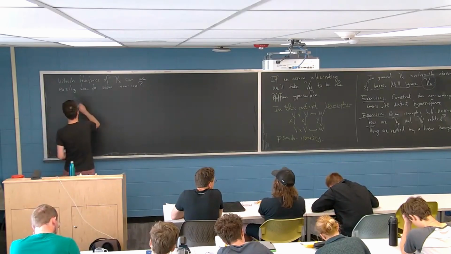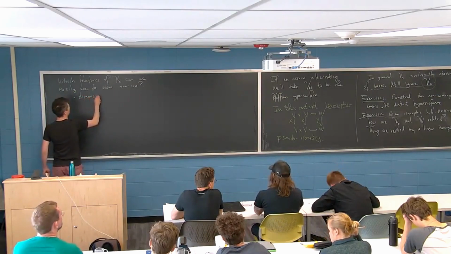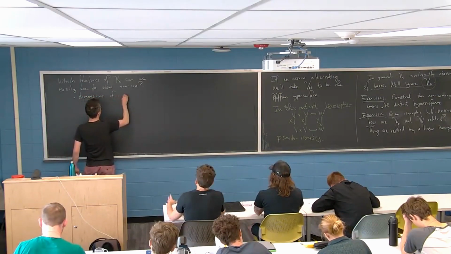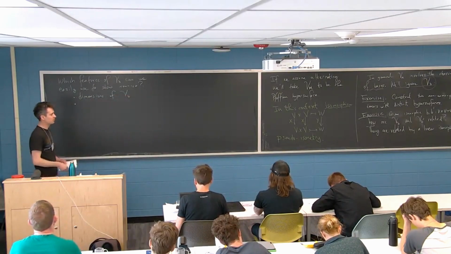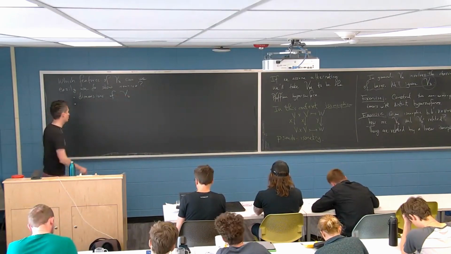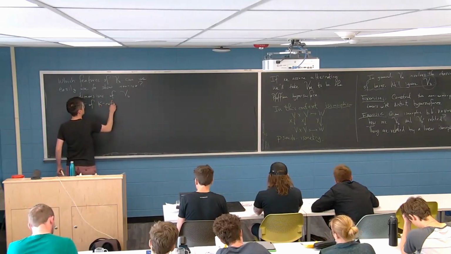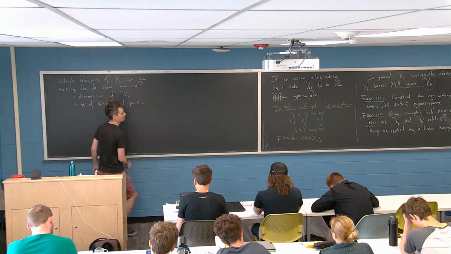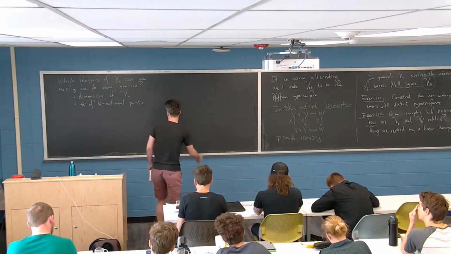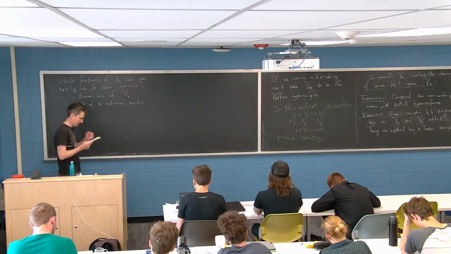For example, you could look at dimensions of varieties. If K is a finite field, you could talk about the K rational points, the number of K rational points, as in those are the solutions to determinant of M equals 0.